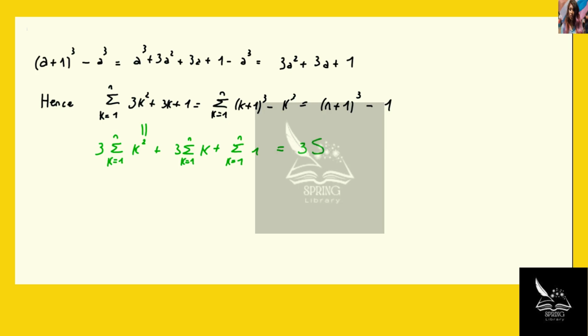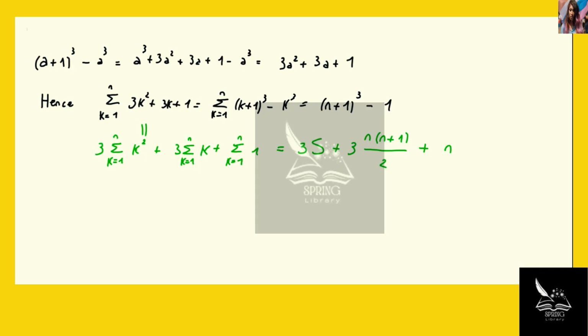Let's just quickly call it S. So that's 3 times our sum plus 3 times, and then for the sum of k, we already have a formula. That's n(n+1)/2. And then for the last sum, the sum of 1, there are as many ones as numbers from 1 to n, so that's exactly n.